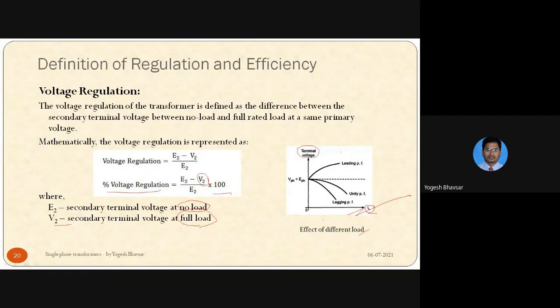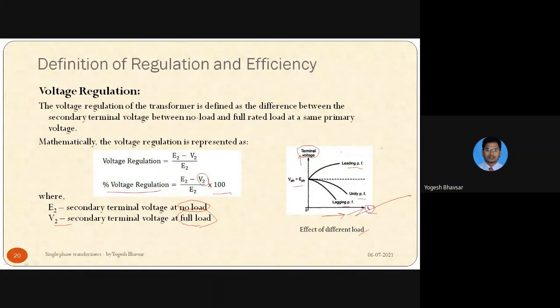Now we are increasing loads over the transformer, and we can observe the effect on the secondary terminal voltage by this curve. Again, we are considering different types of load: leading power factor, unity power factor, and lagging power factor. Tell me, leading power factor means which type of load? Unity power factor means which type of load? And lagging power factor means which type of load are we going to connect?